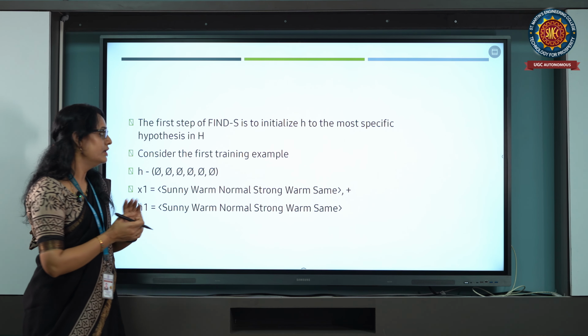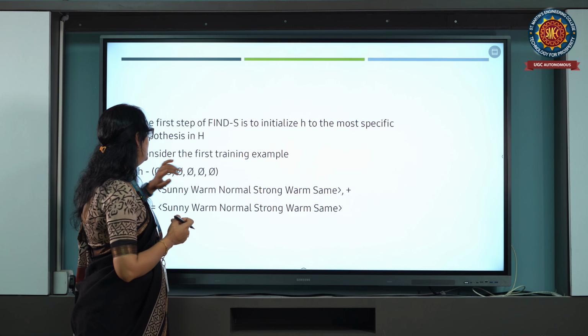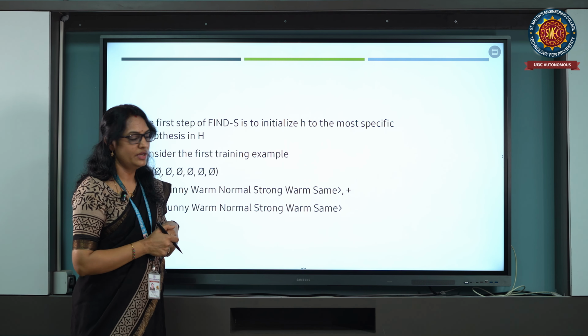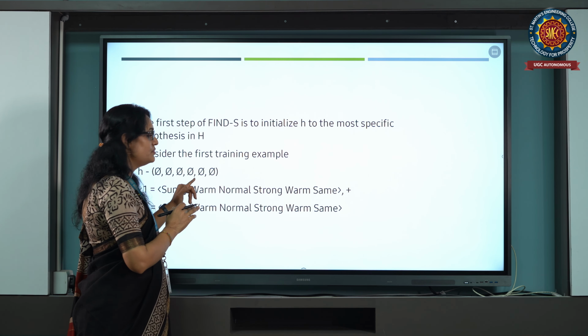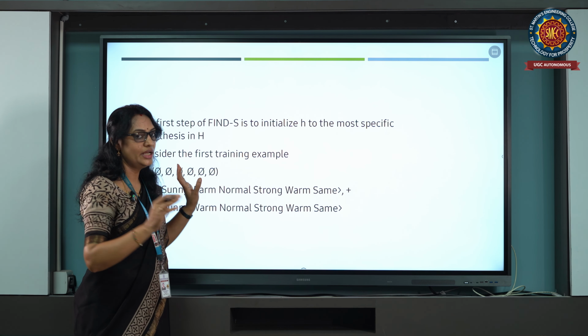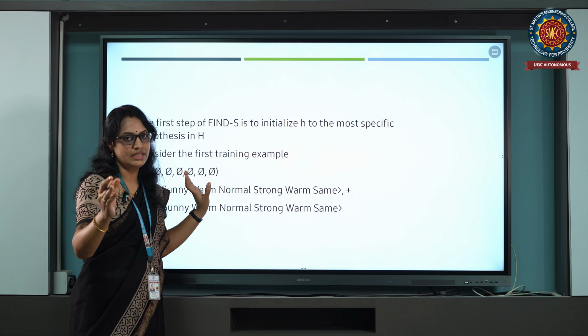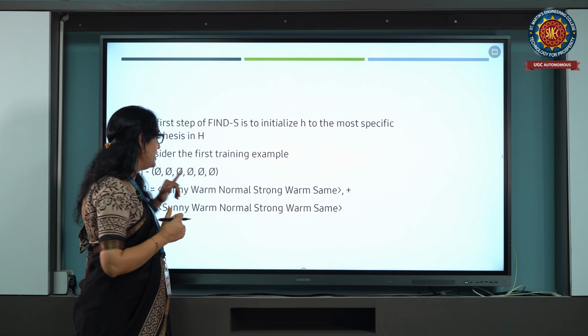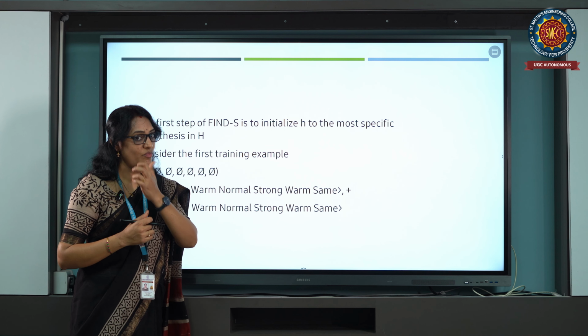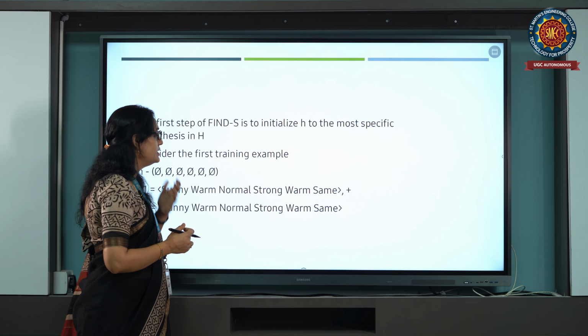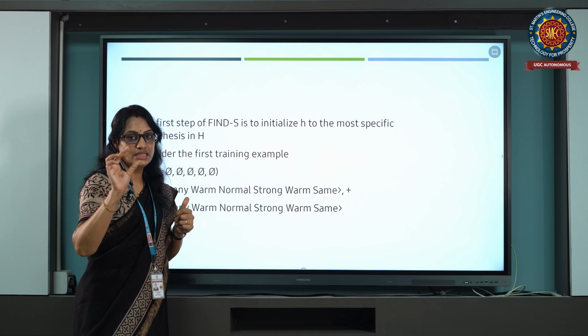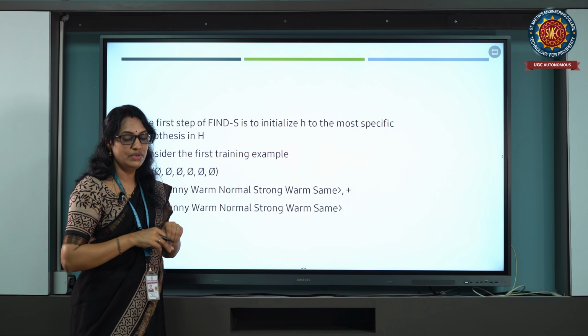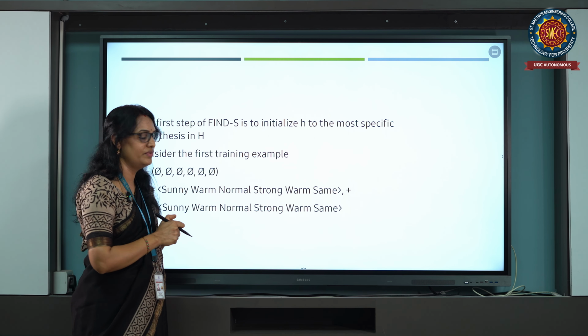So first I initialize the algorithm with the most specific values, denoted by null values. Why 6 null values? Because we have 6 attributes in the given example, it is preferable to take 6 null values.